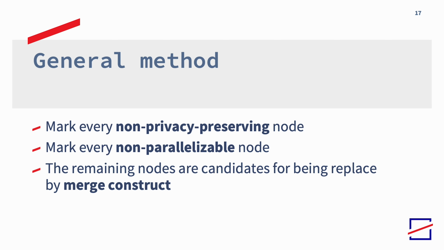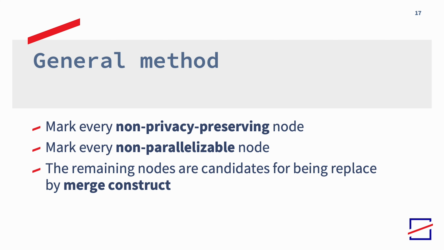Then we mark all the non-parallelizable nodes, that is, all the nodes that cannot be replaced by this merge construct because they would lead to wrong results. And then the remaining nodes are the candidates for being replaced by this merge construct that I showed earlier.